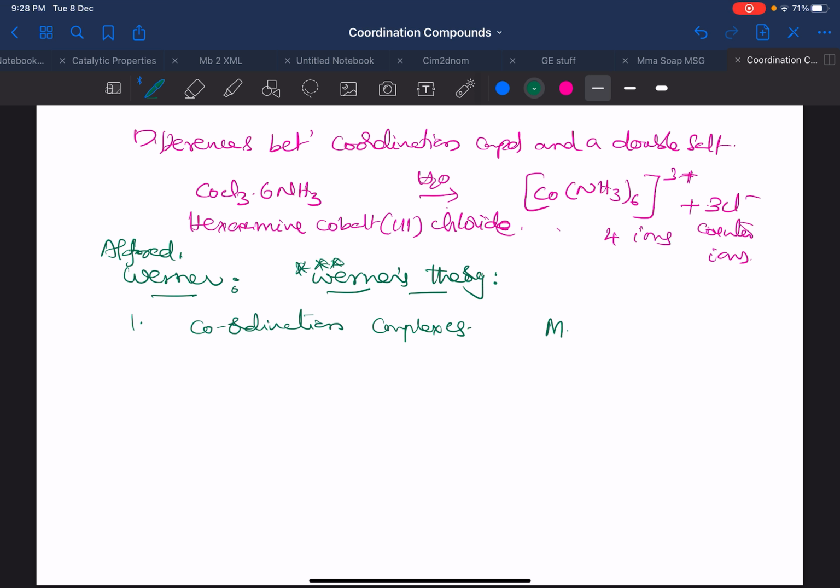It is one constant central metal atom, which is linked by coordinate covalent bonds with the electron pair donors.